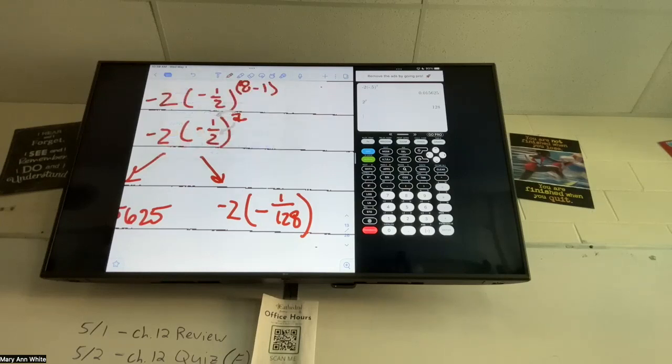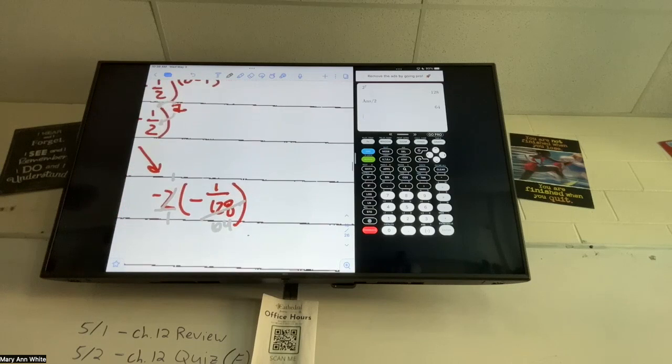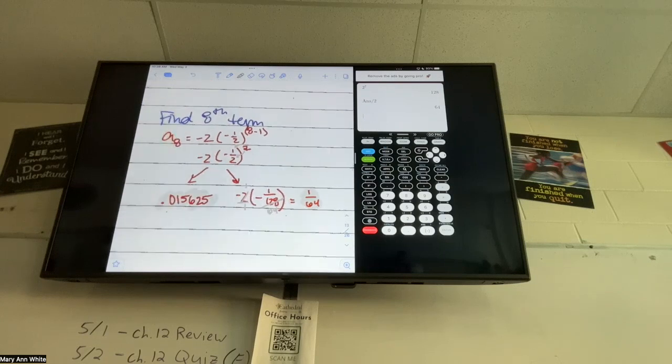And then because this is like 2/1, I can simplify 2 and 128. And I can get 64. So it's going to be positive 1/64. And I promise that 1/64 is the same thing as this decimal. And I just proved it.